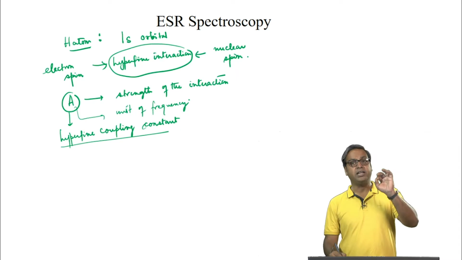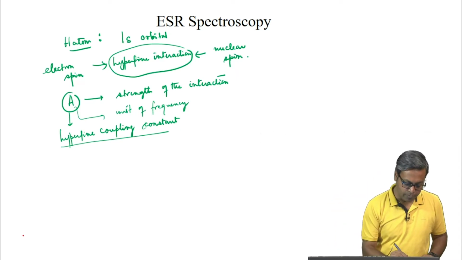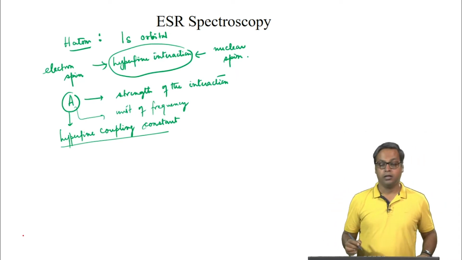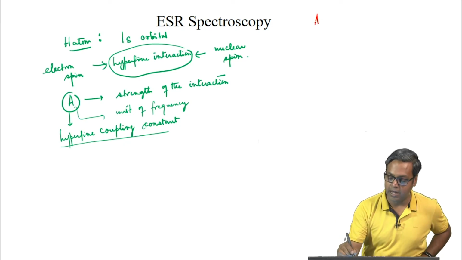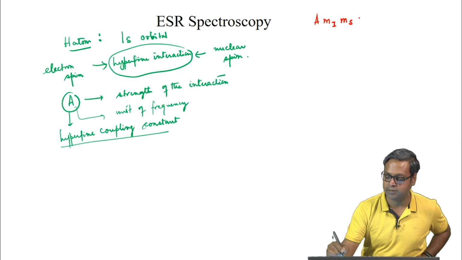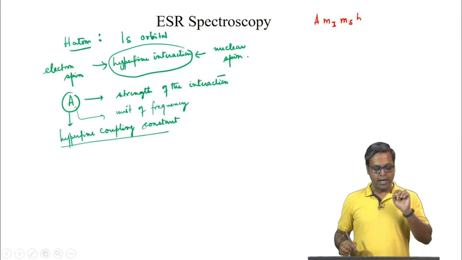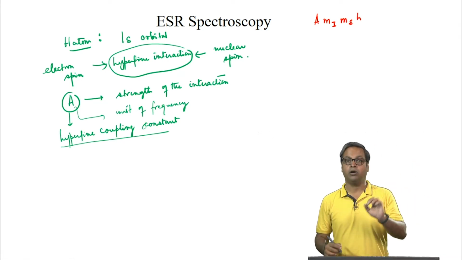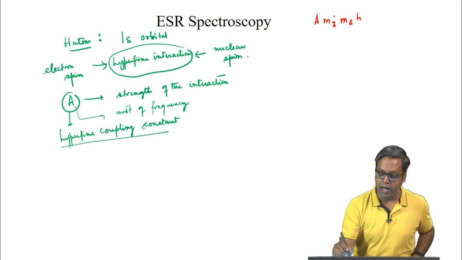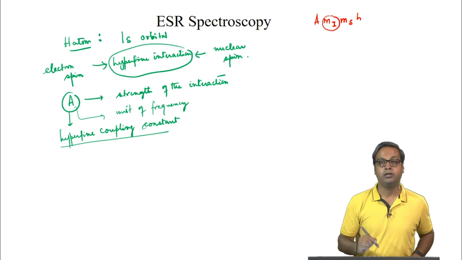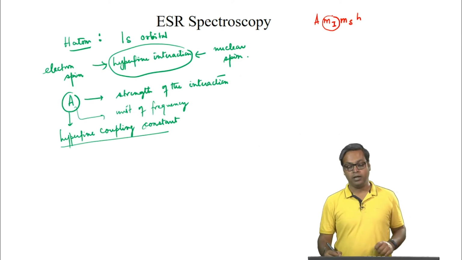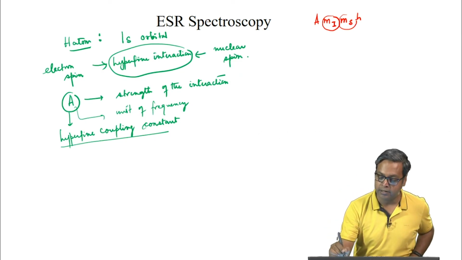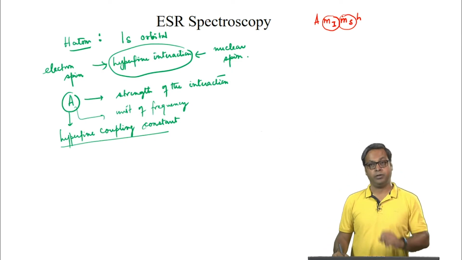The interaction energy is given by the expression A m_I m_s h, where A is the hyperfine coupling constant, m_I comes from the nuclear spin and m_s comes from the electron spin.